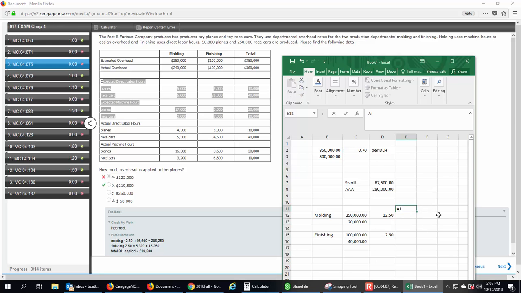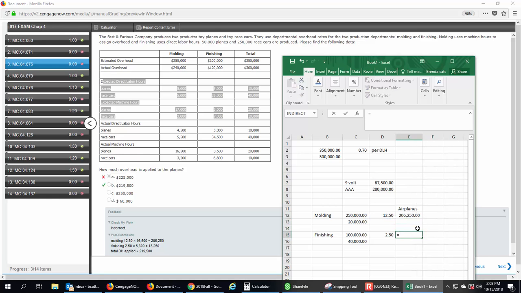So our airplanes have to go through the first department, and in this department they use how many machine hours? Planes, machine hours, 16,500. So 16,500 hours at $12.50 an hour.